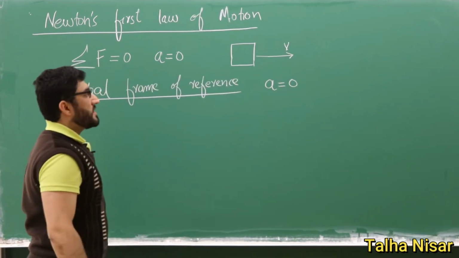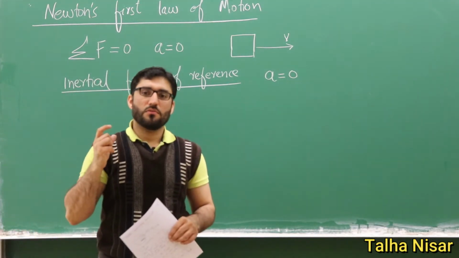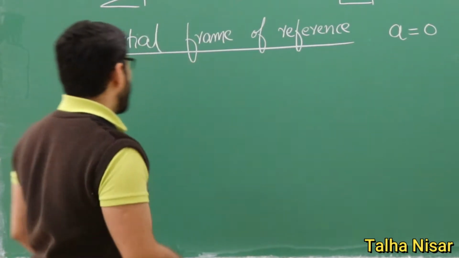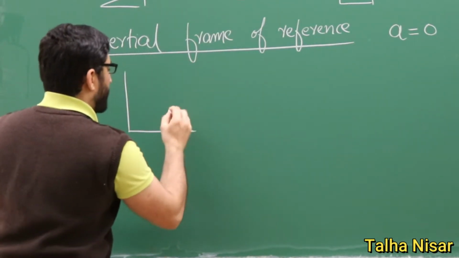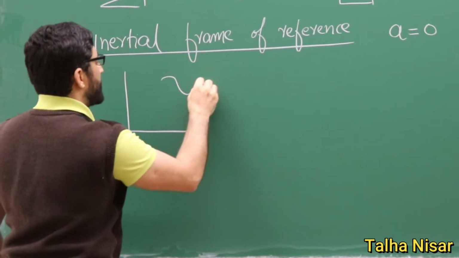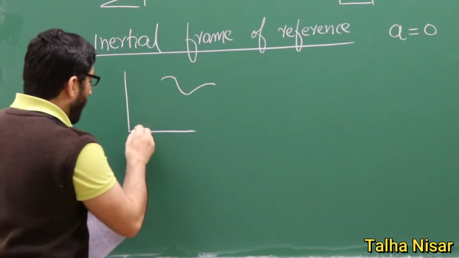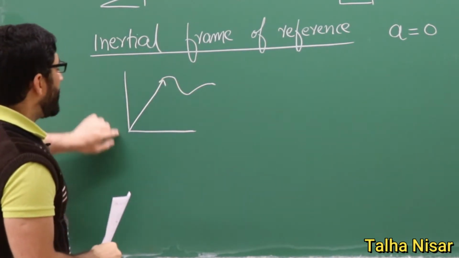In our previous lectures, when we were talking about vectors, acceleration and velocities, we were always describing the motion of something, for example moving in a random path, with respect to a frame of reference.